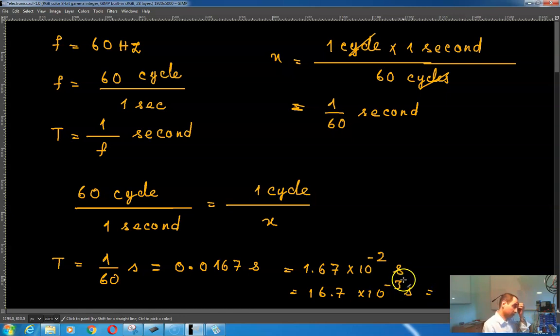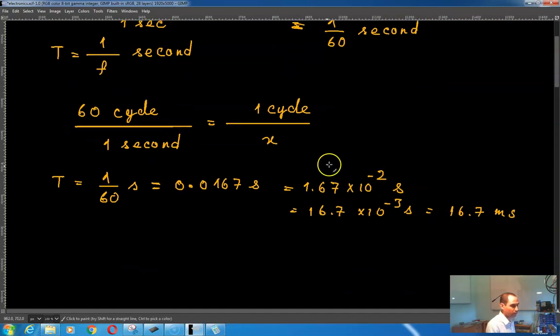In electronics, of course, the scientific notation would be 1.67 times 10 raised to the power -2 seconds, but usually we don't deal with these types of numbers in electronics.